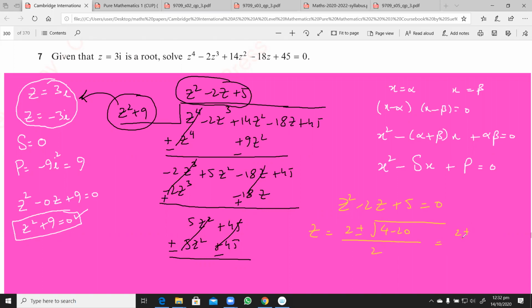That is 2 plus minus under root minus 16 over 2. So z is 2 plus minus 4 iota over 2. So the two roots are 1 plus minus 2 iota. These are the remaining two complex roots. That is how you have solved this whole quartic equation.